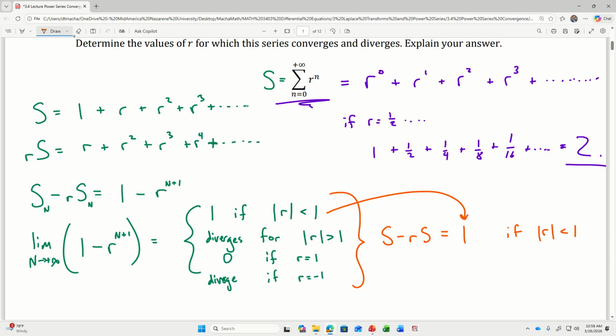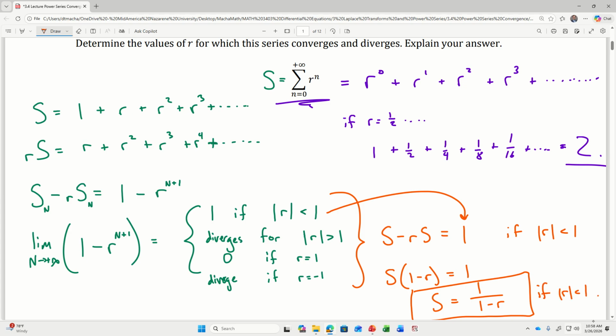And then solve for capital S. And this is how we evaluate a geometric series.